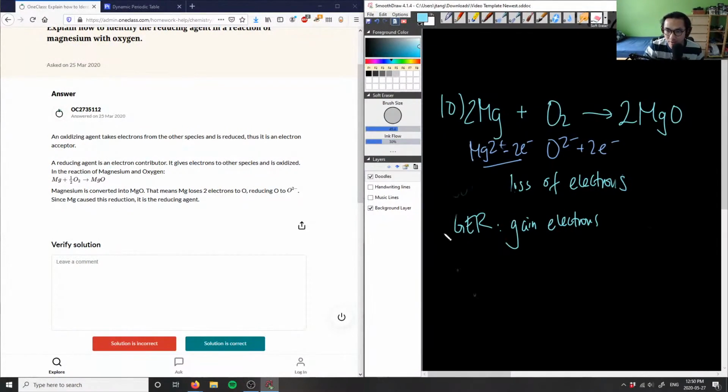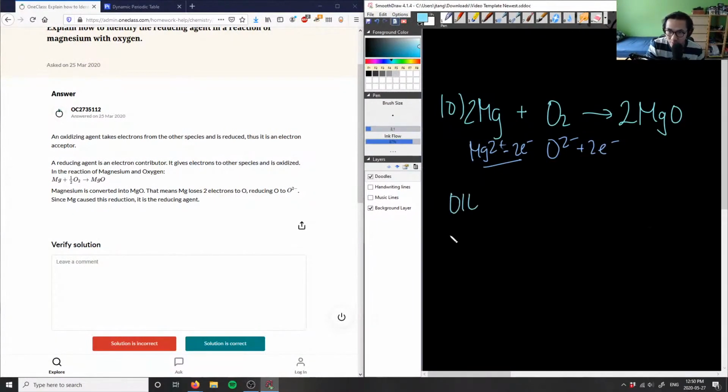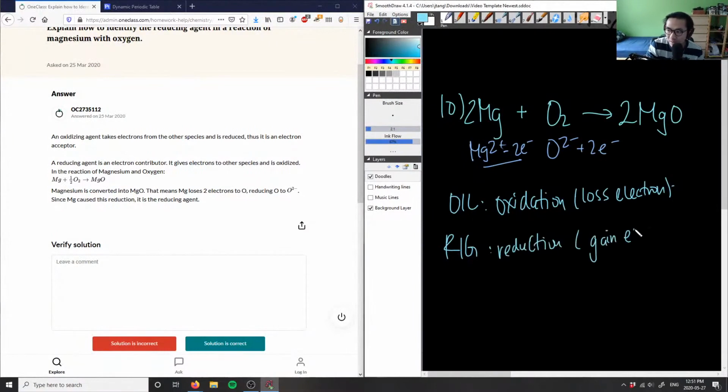So let me erase this. And I think I'm going to use OIL RIG as my other mnemonic, since I think this one's a little bit more misleading. So OIL RIG. Oil is oxidation is loss of electrons. So I'm losing electrons. And then R here means reduction, and the G just means gain electrons. So in this case, which one's losing electrons? Well, as you can see, oxidation is losing electrons, and reduction is gaining electrons, right?